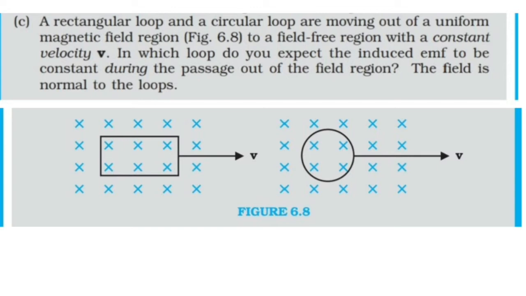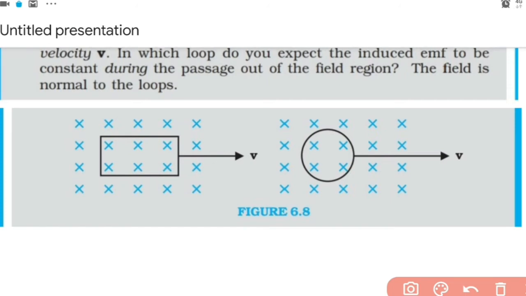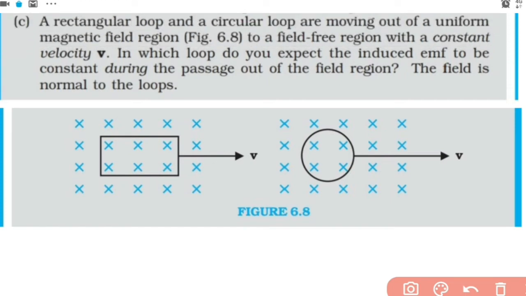The field is normal to the loop. Here in this question, you can see that the loops are dragged out of the field region. And you know the expression for induced EMF: epsilon is equal to minus d phi by dt.